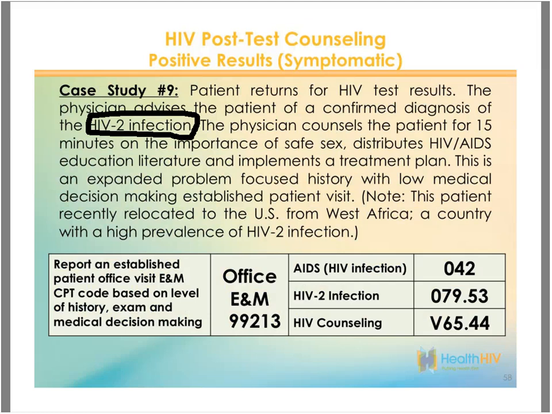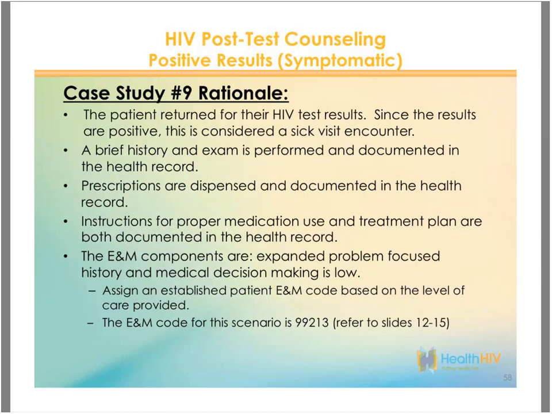So in this encounter, the patient's principal diagnosis is 042. Their secondary diagnosis is 079.53, which depicts the HIV-2 infection. And there was counseling, so the third diagnosis is V65.44.